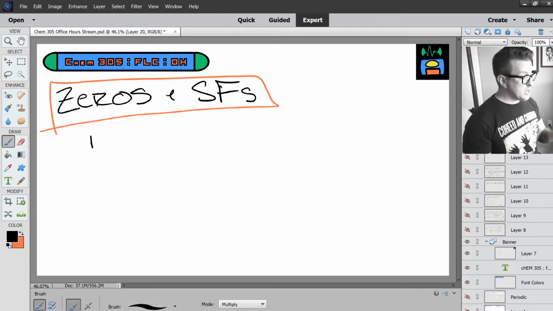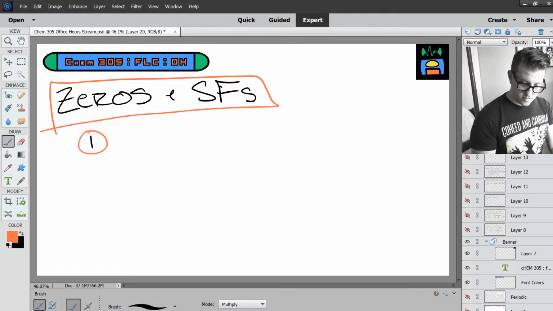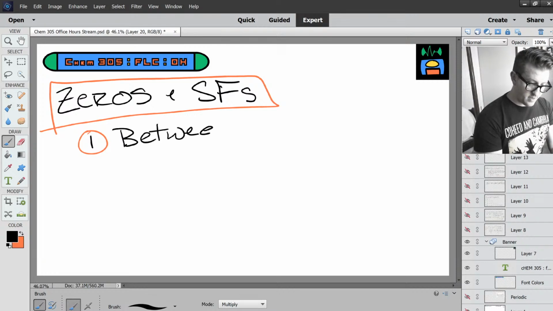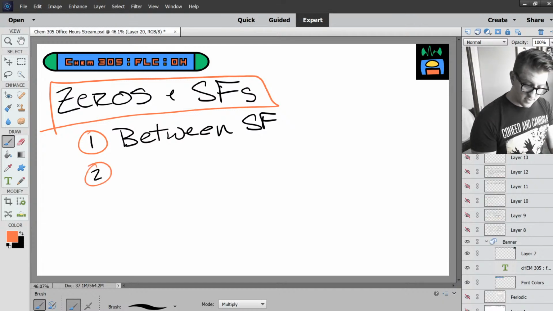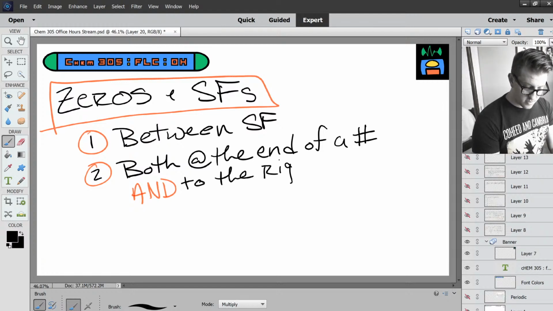If zeros are between sig figs, they're significant, and they're significant if they're both at the end of a number and to the right of the decimal.